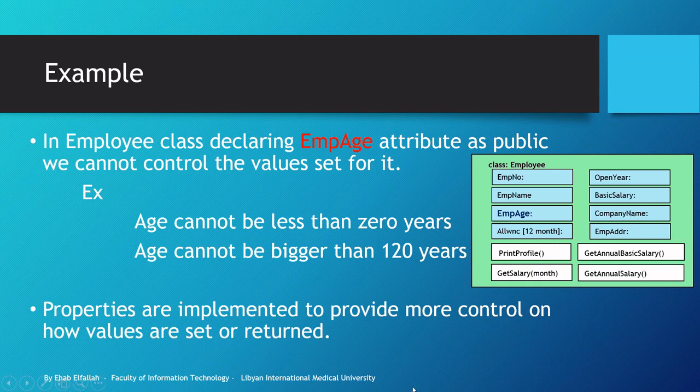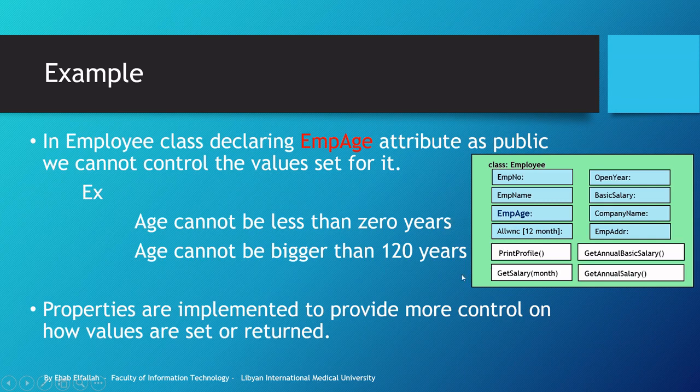So it's not logical to say the employee age equals -5, for example, or a value bigger than 120, like 1000. This is not logical. So how do we manage these attributes?